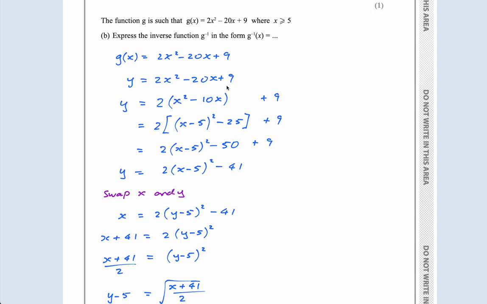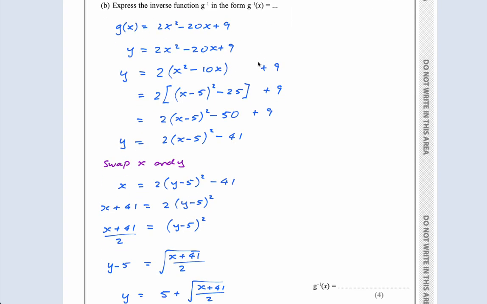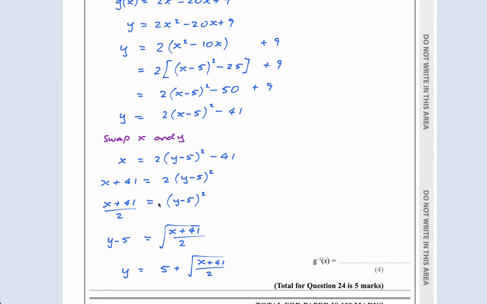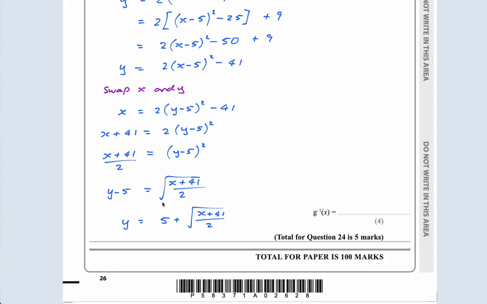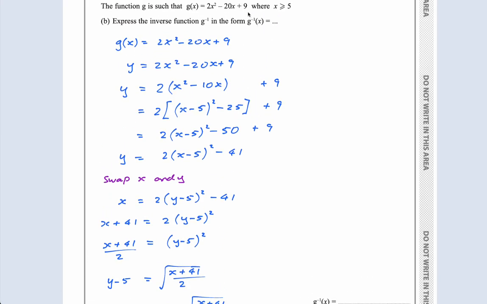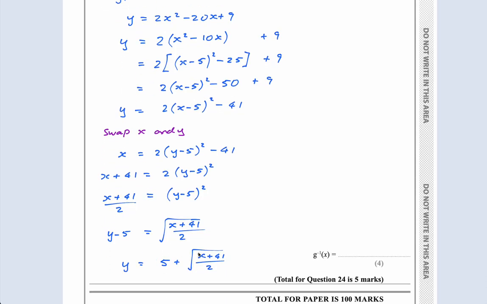Now, it says x has to be greater or equal to 5. So the inverse function is going to be this. Well, this is a little bit tricky because it's 5 plus or minus this.